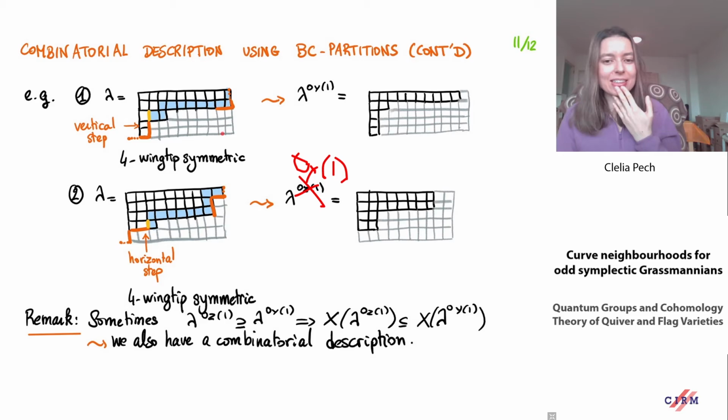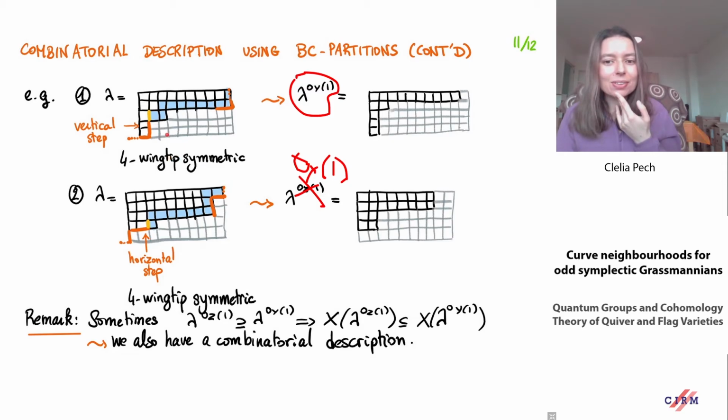Let's look at this example. Here I removed 1, 2, 3, 4, 5, 6, 7, 8, 9, 10, 11. I removed 11 boxes to compute this. If I removed a hook except for the top row, then I would remove 9 plus 3 plus 2, so I would have removed more.